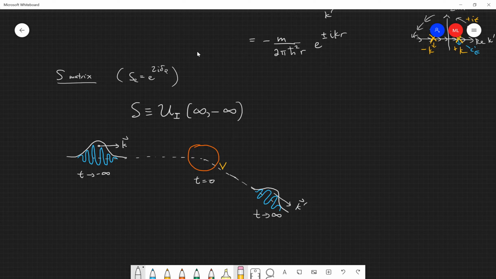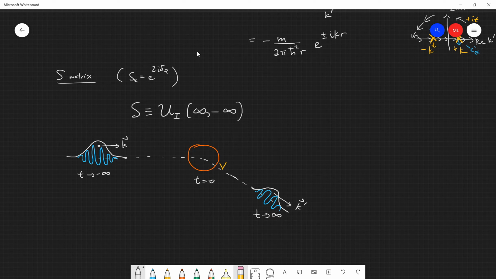And what the S matrix tells you is just the interaction picture time evolution for that process, where far in the distant past, you have a free particle. Then at around t equals 0, you interact with the target potential, and then in the distant future, you scatter away.